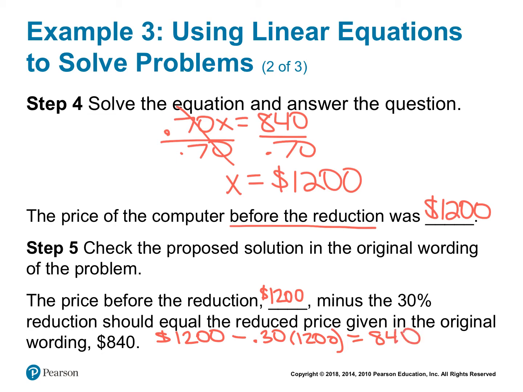So if I take 30% of 1,200, that's $360. So 1,200 minus 360 is $840. So that checks out. So that is one way to do it.